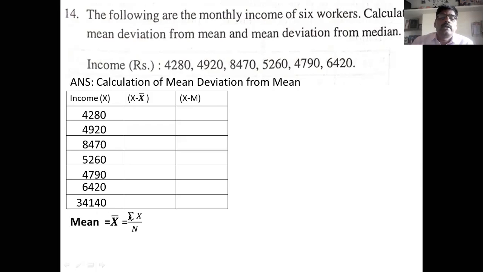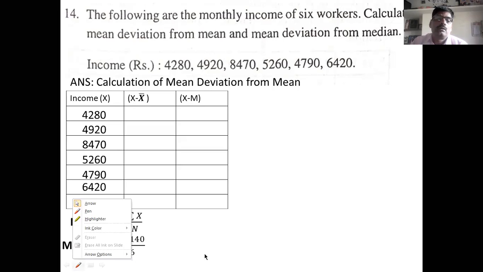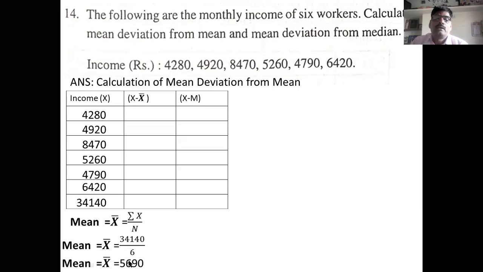Arithmetic mean, x bar, is equal to summation x divided by n. Summation x means the total, and n means the number of values. There are six values. So x bar is equal to 34,140 divided by 6, which is 5,690. It is called the average. Clear? This is the first method of calculating the arithmetic average.